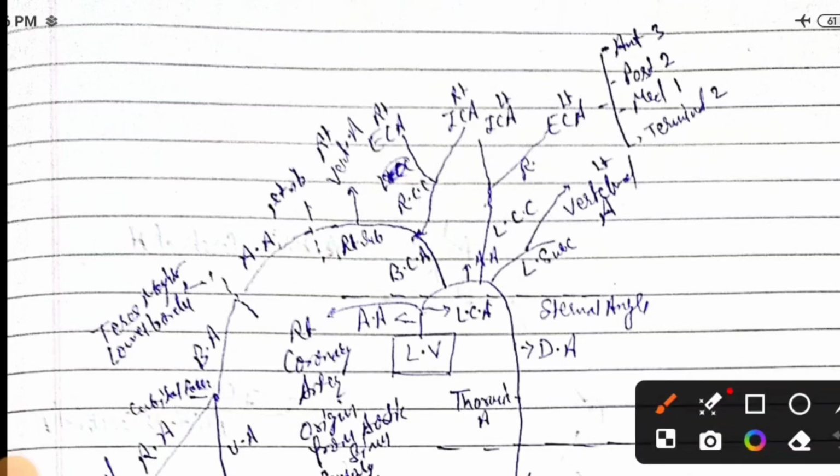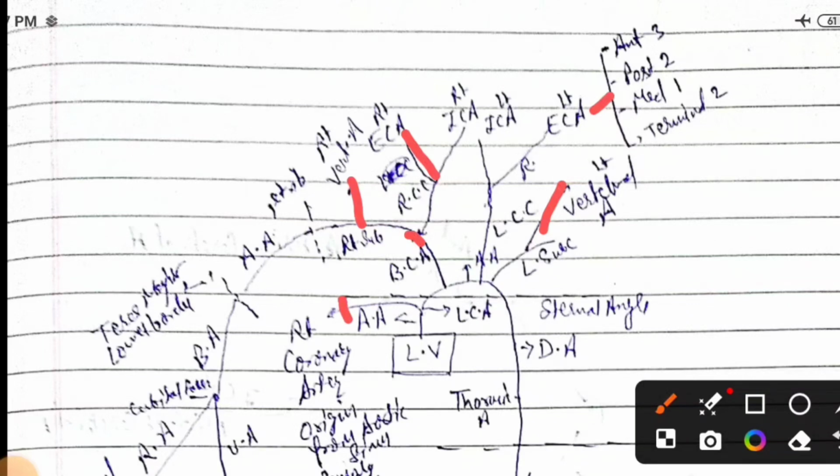Now let's move towards the vertebral arteries, right and left. The external carotid artery does not supply the brain. The external carotid artery has anterior 3, posterior 2, medial 1 and terminal 2 branches. I am going to explain the external carotid artery and its branches, like the facial, superior thyroid, posterior auricular, superficial temporal and maxillary arteries, in an individual video.